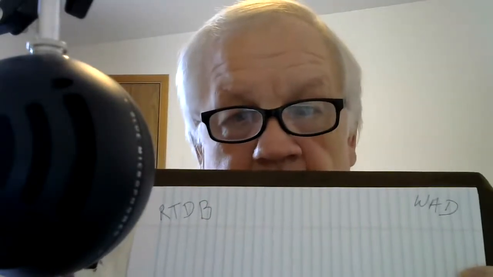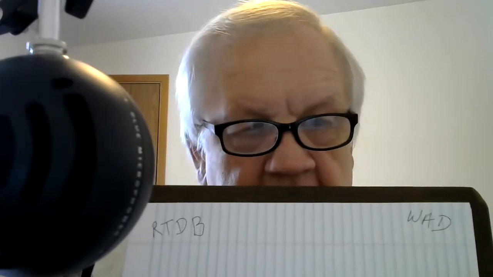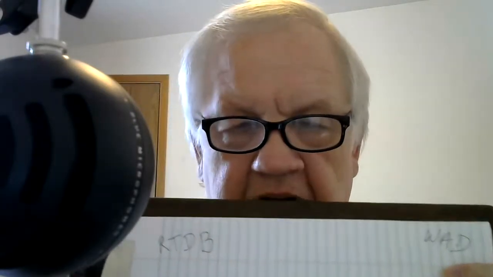On the top right, I do WAD. And then on the top left, do it just like this. Okay, you're seeing it backwards, but what the heck? I'll get that reverse thing in done. So WAD, RTDB.